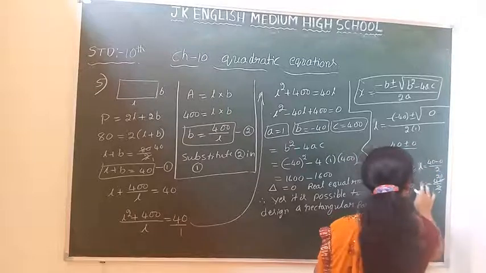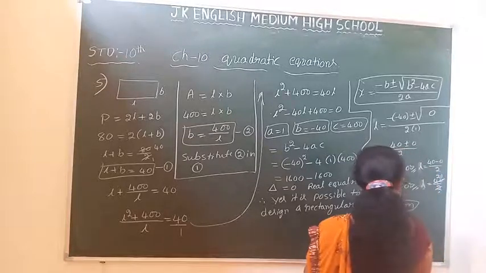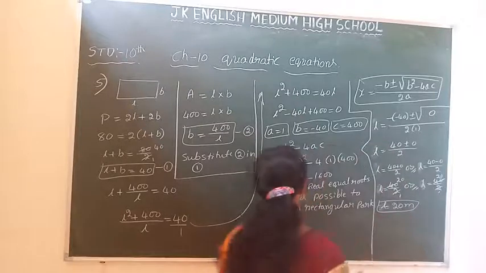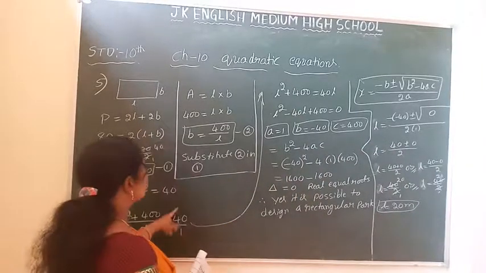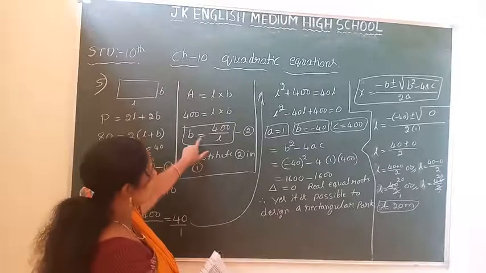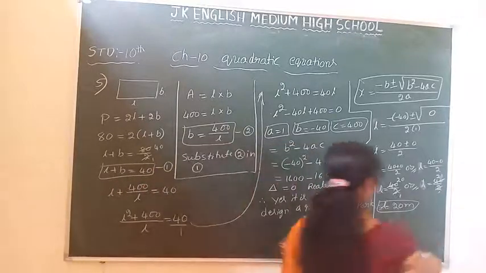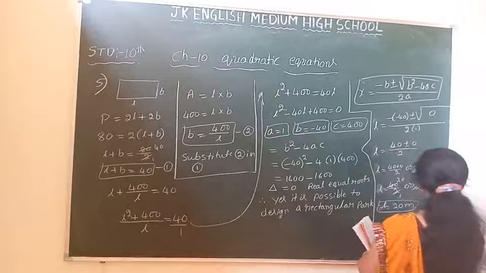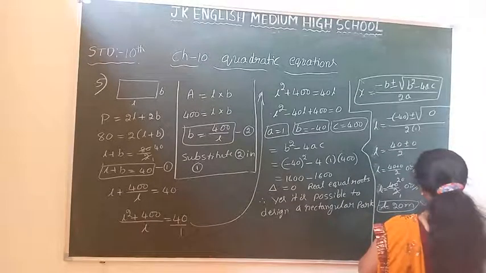So I got the value of L, and L means the length of this rectangular path. Once I have the value of L, I can find the value of b by substituting the L value in equation 2.